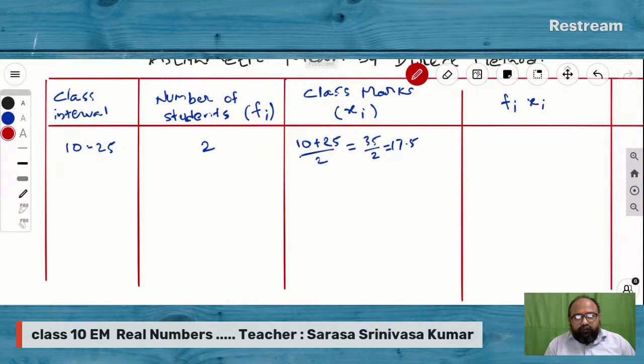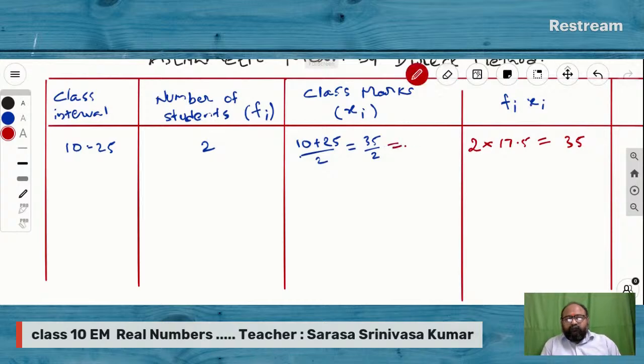Now fi multiplied by xi, 2 multiplied by 17.5 equal to 35.